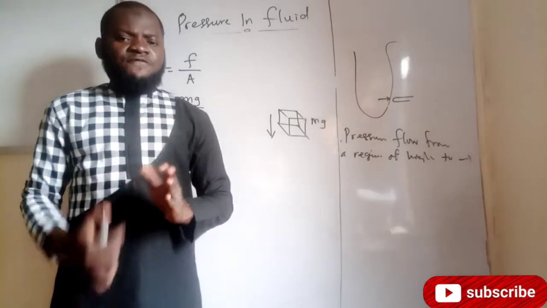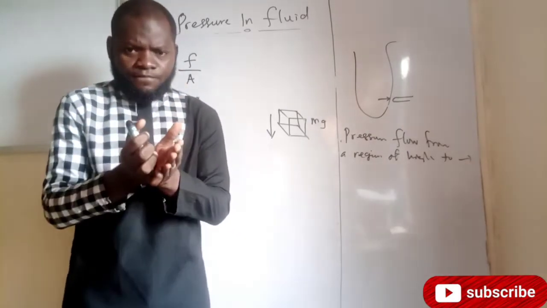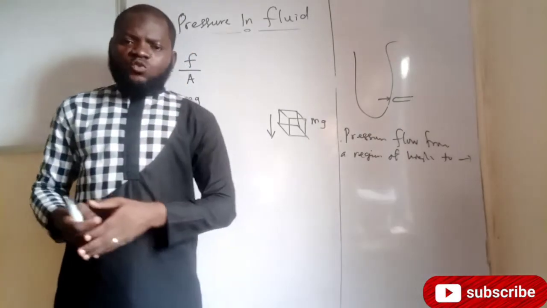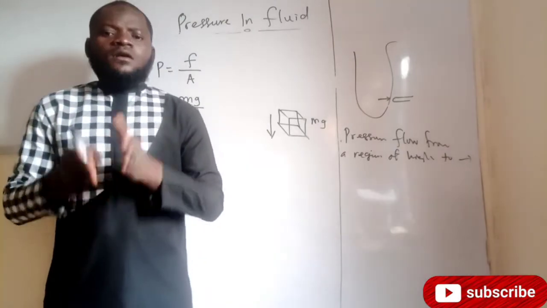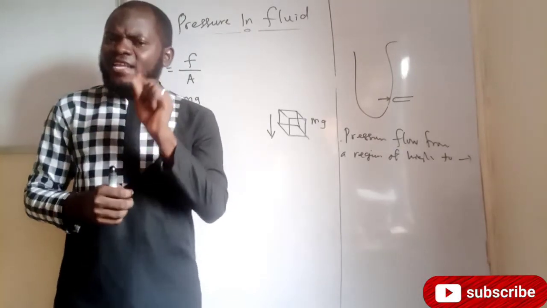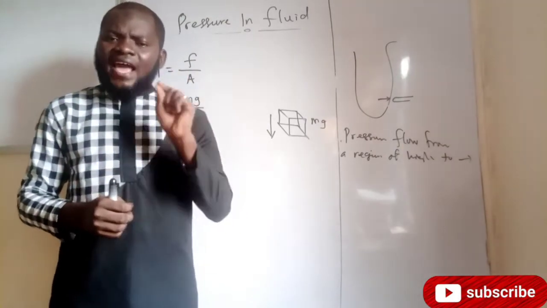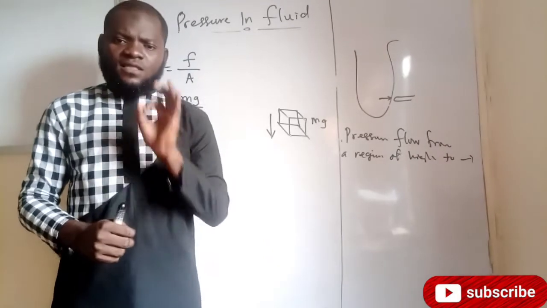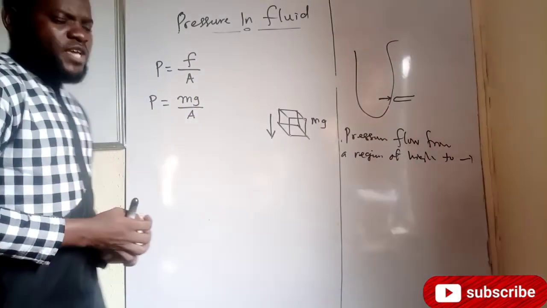Remember that if an object is heavy, an object is what? Light. There is something that can actually explain why some objects are heavy and why some are light. Let's quickly look into that.